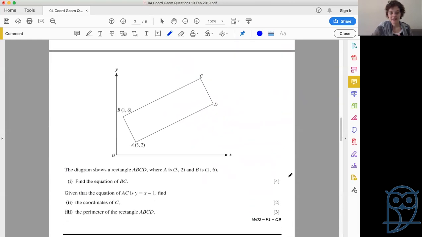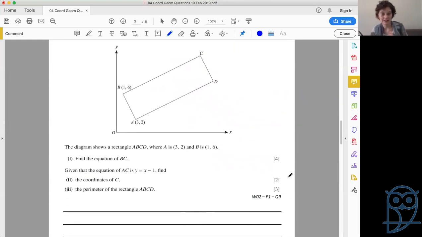So let's have a look at another question. This question is also a diagram question. When it comes to lines, they like diagram questions. Here we have a rectangle ABCD with the points A(3, 2) and B(1, 6). And you should be frowning because there's a feature you know about rectangles that's not on this diagram.